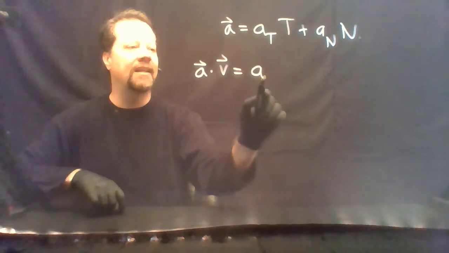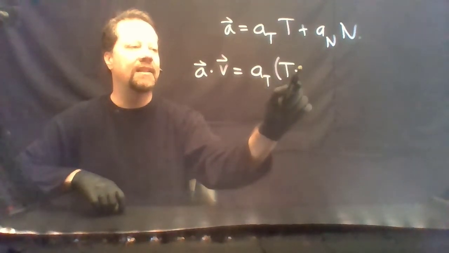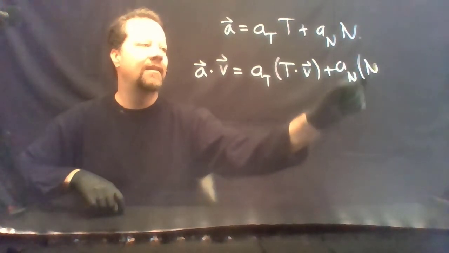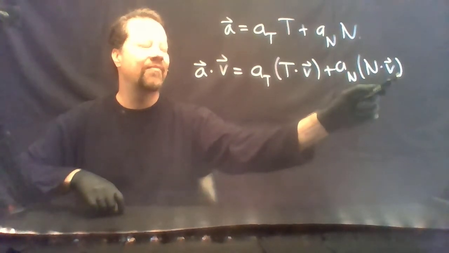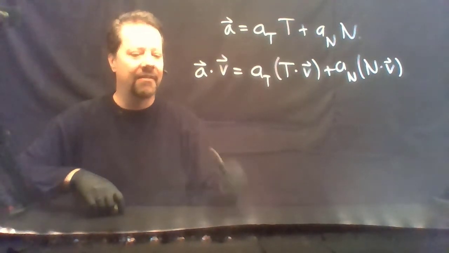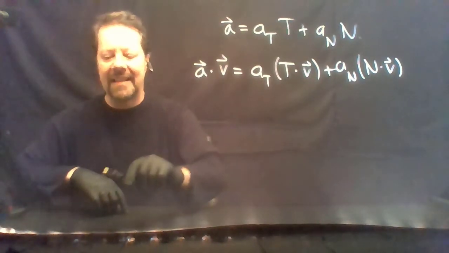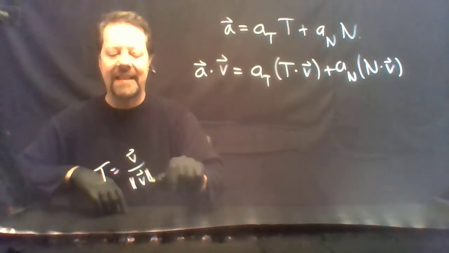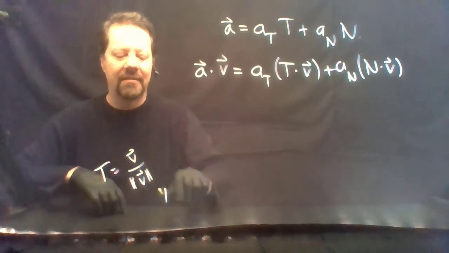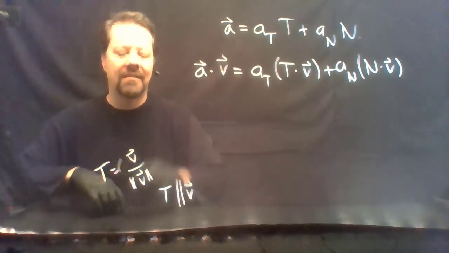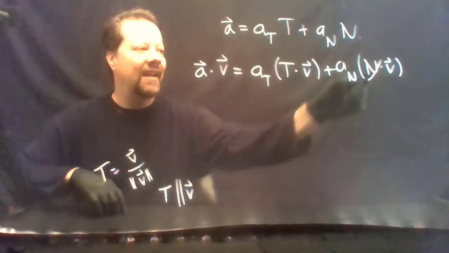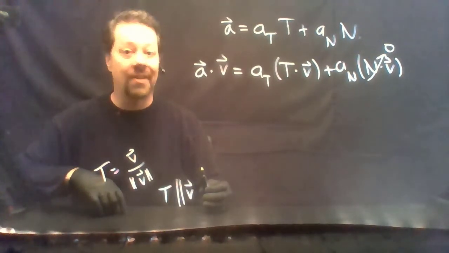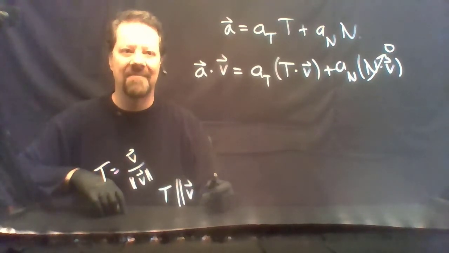When I do that, I'll get A_T T dotted with V plus A_N N dotted with V. Now the velocity vector, you will recall, is in the direction of the unit tangent vector. They are parallel. And that means N dot V is 0. Because N is orthogonal to T, it's also orthogonal to V.